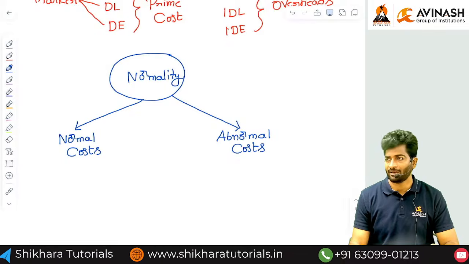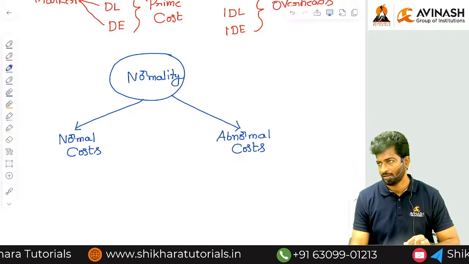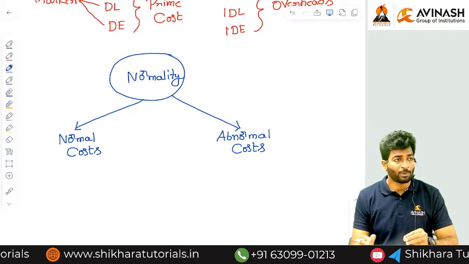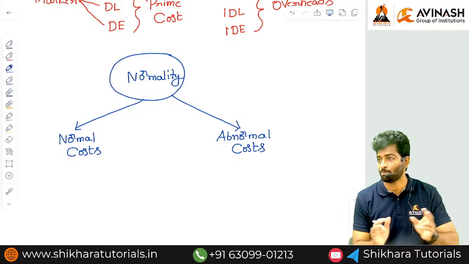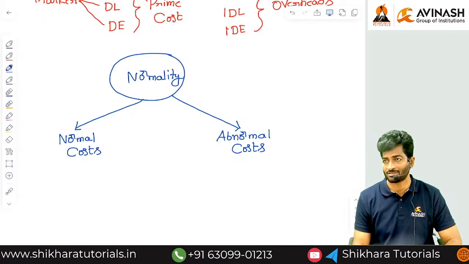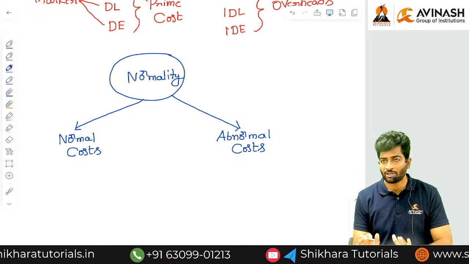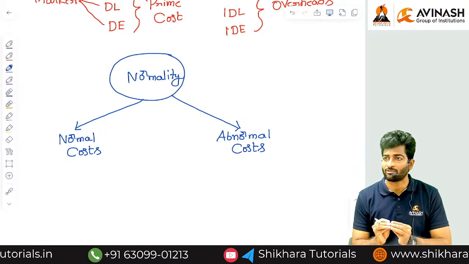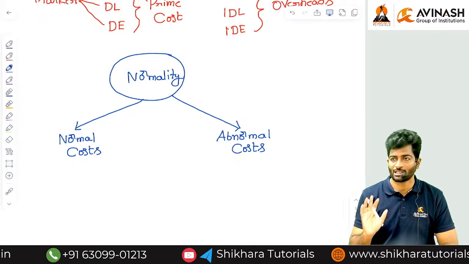Now coming to the abnormal part. Some fire accident happened inside the factory. It's because of some strike happened. You are incurring some additional expenses inside the factory because of those abnormal situations, right? So those are not going to happen on our day-to-day basis. So those are incurred only because of that abnormal scenario, right? So those expenses are known as abnormal expenses.